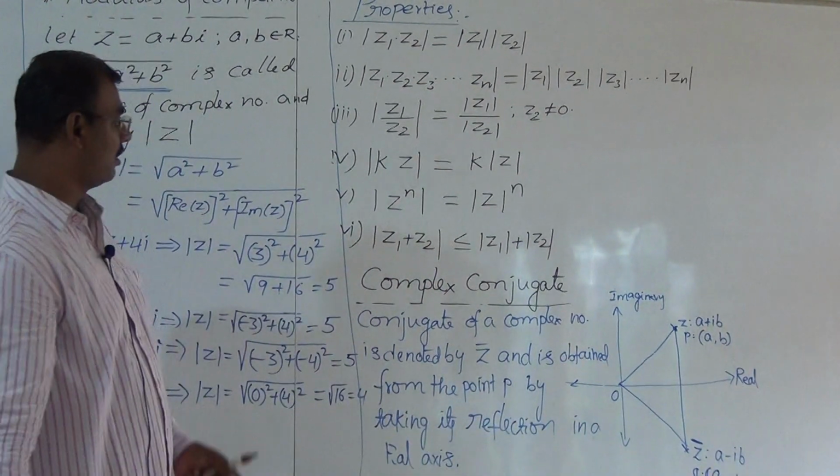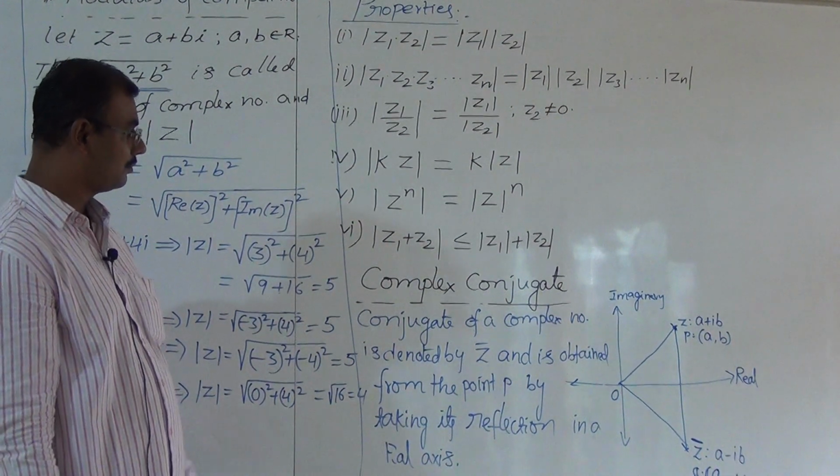So this is the definition of the conjugate of a complex number.